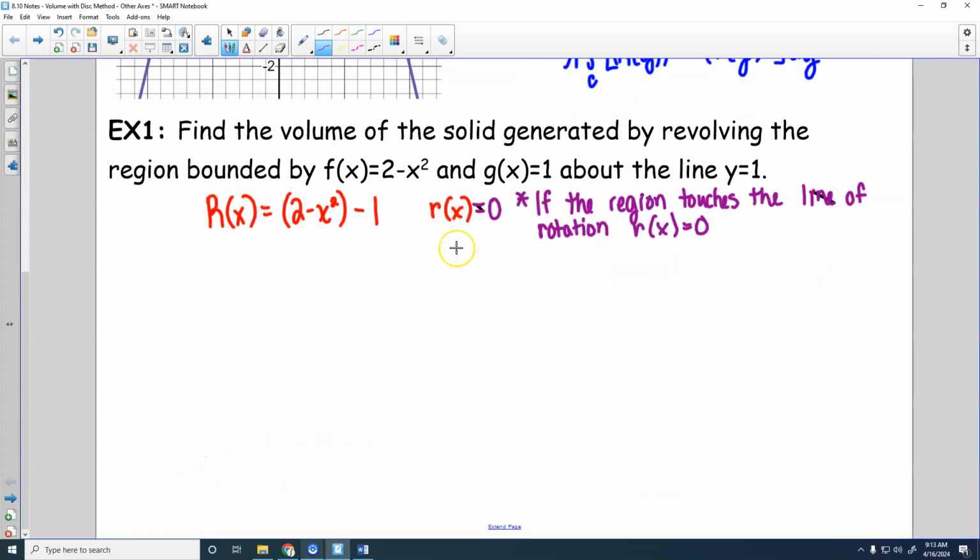So really, you could do these as if there is no lowercase r of x on these problems, but I wanted to set it up this way so it also works for when we do have a hole.